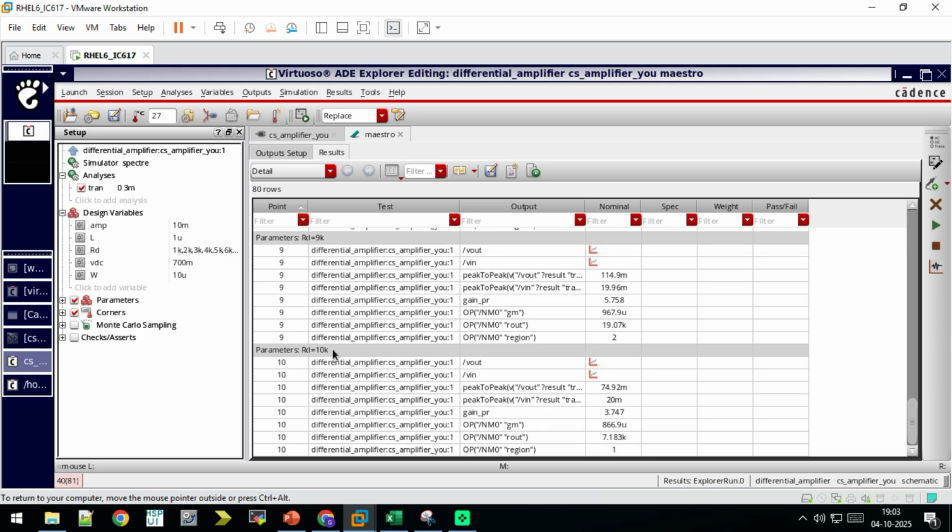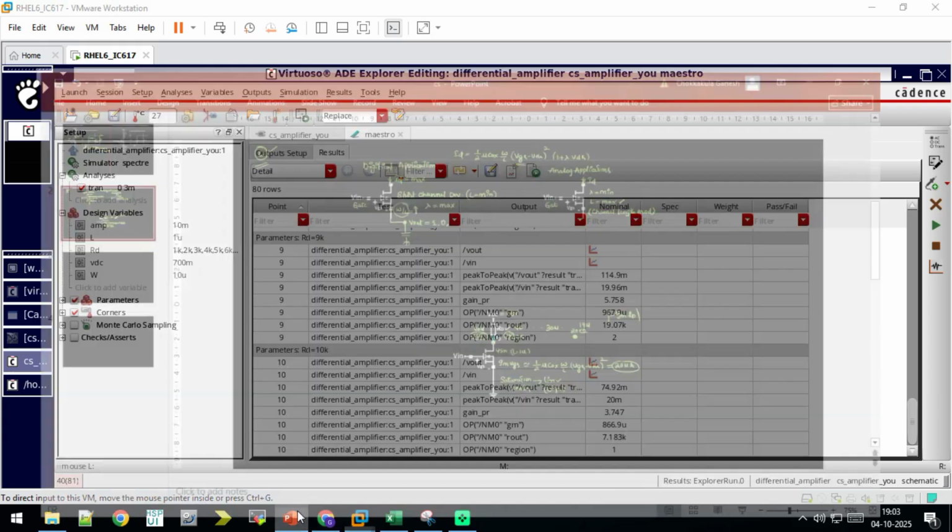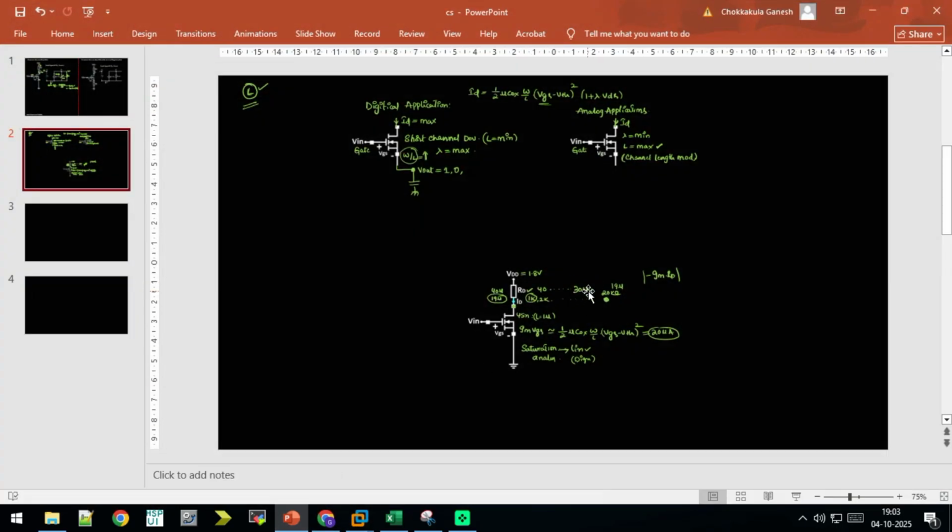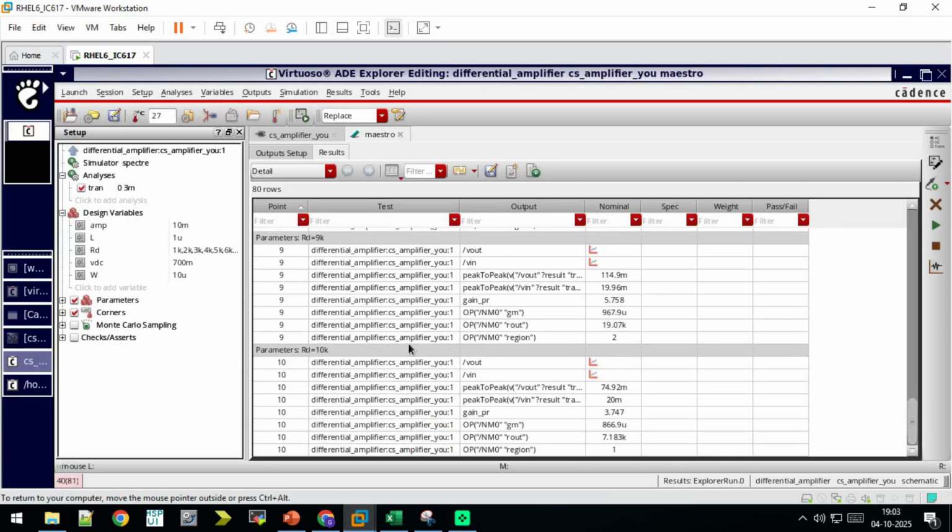There is a problem when we keep the load resistance at 10 kilo. As already discussed, if you keep on increasing the load resistance, the current will be limited and the transistor may go into the linear region, so the transistor cannot be used for analog applications. The same problem we face in the last case when the load resistance equals 10 kilo. So practically we cannot keep the load resistance at 10 kilo.